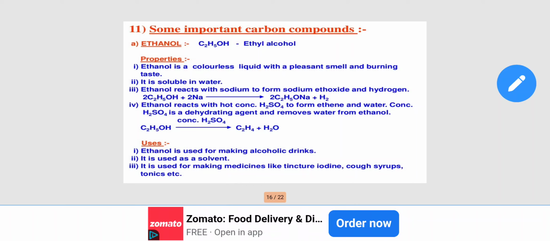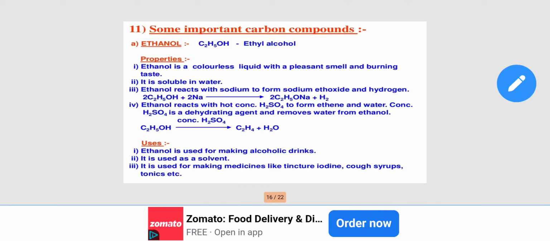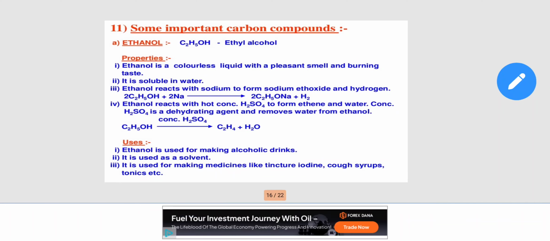Concentrated H2SO4 is a dehydrating agent and removes water from ethanol. You can see C2H5OH reacts with concentrated H2SO4 to give C2H4 and water. Okay, uses: it is used for making alcoholic drinks, as a solvent, and for making medicines like tincture iodine, cough syrup, and tonics, etc.